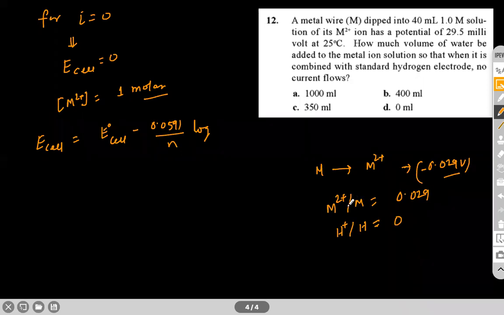So this one has more reduction potential, so this will get reduced. So this metal will be the cathode and this will be the anode. Okay, so now when you write down this, the equation will have H plus in the numerator and the square we have here, and M2 plus in the denominator.